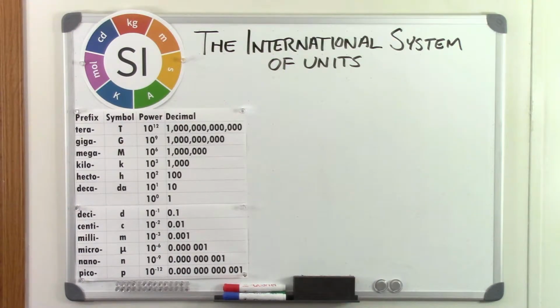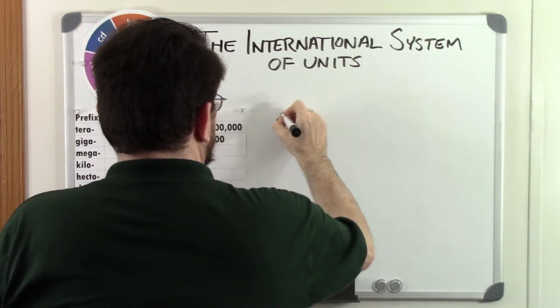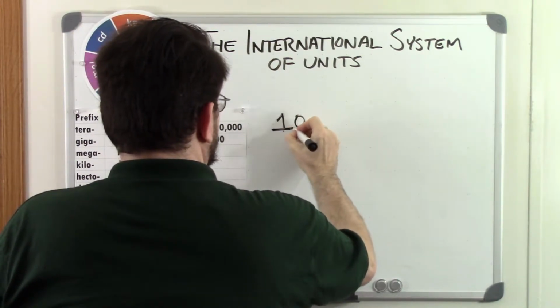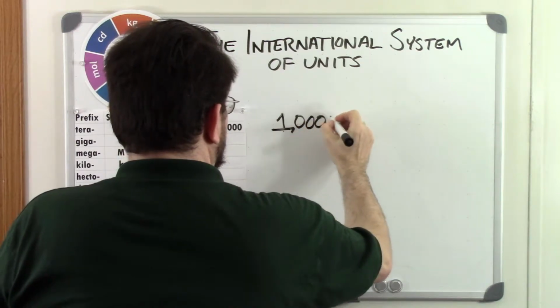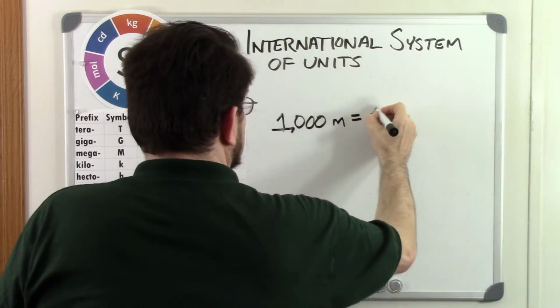Each of them multiplies the base unit by a power of 10. So for example, the prefix kilo, as in kilogram or kilometer, multiplies the base unit by 10 to the third power, which is the same as multiplying by 10 3 times, or multiplying by 1,000. This way, instead of saying 1,000 meters, we can instead say 1 kilometer. We'd write that using a lowercase k for kilo and a lowercase m for meter, km for kilometer.